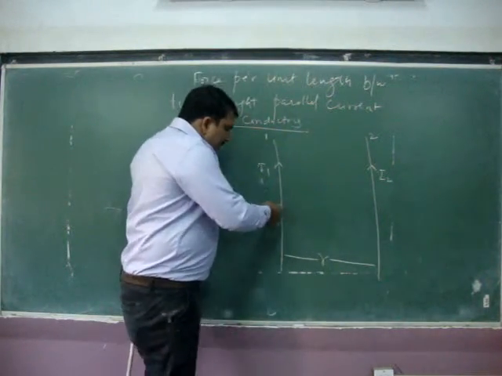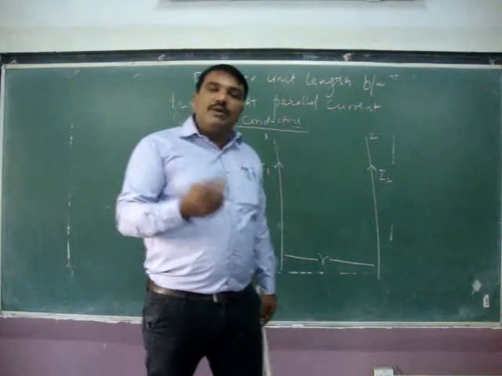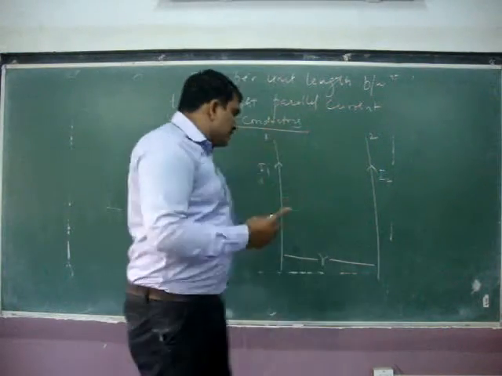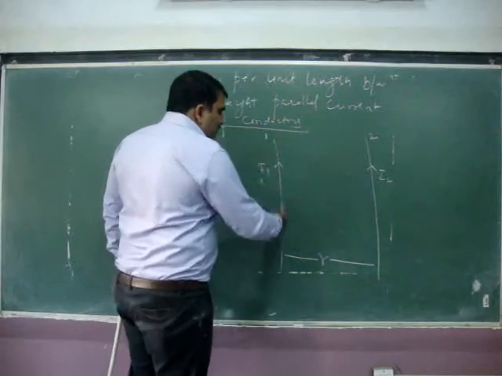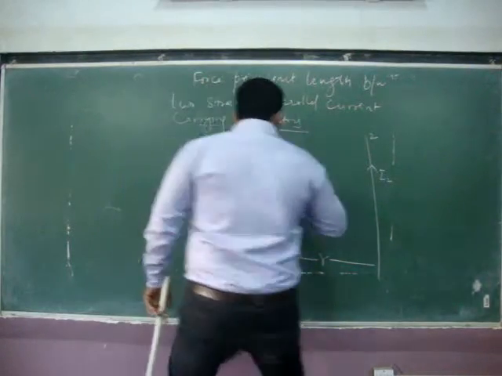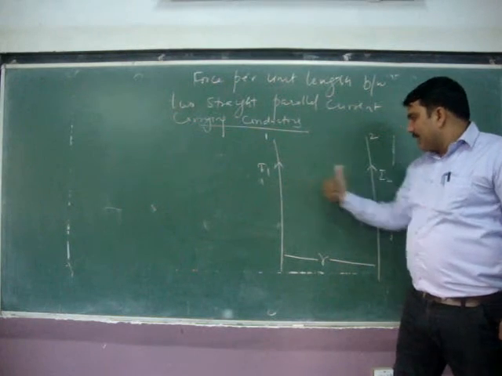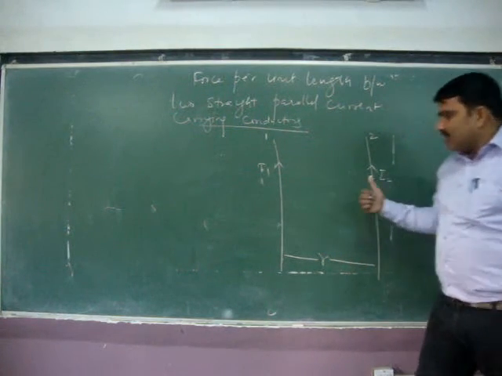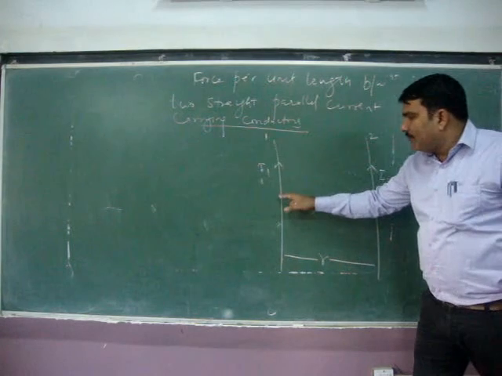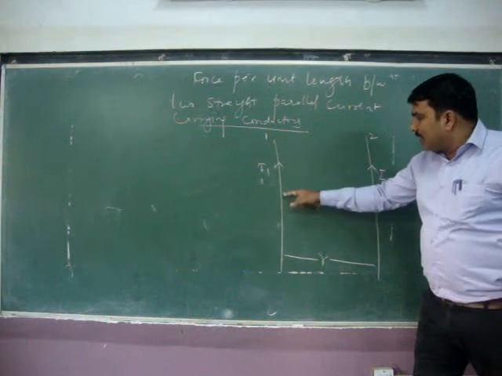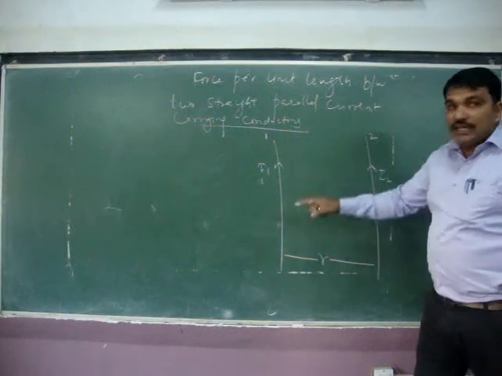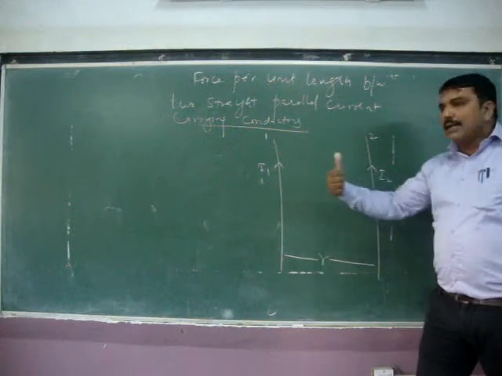So when a wire carries current, a magnetic field is produced around it in the form of concentric circles. So the magnetic field of this wire will be like this. Both the wires are placed in the magnetic field of each other.